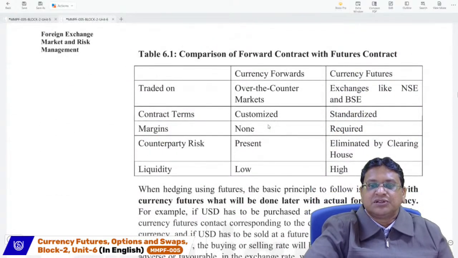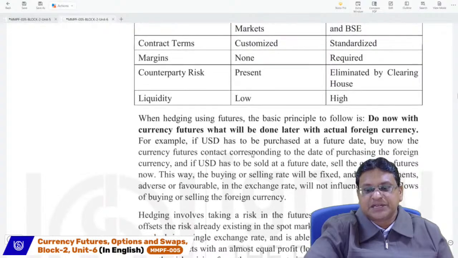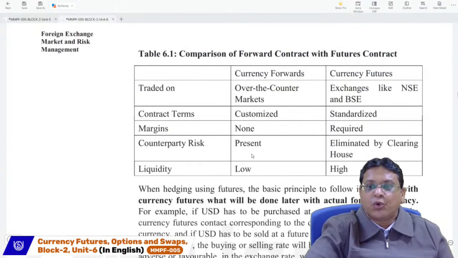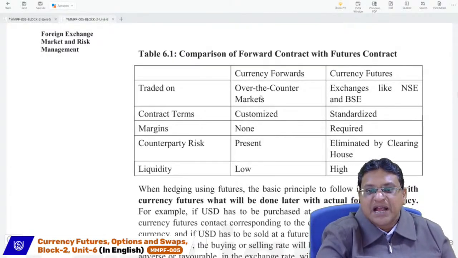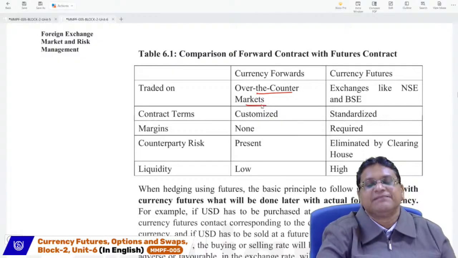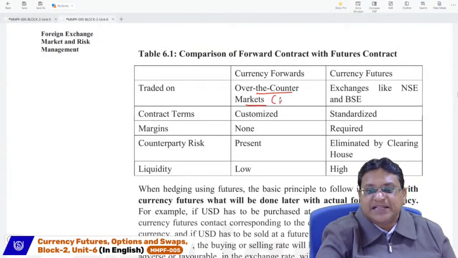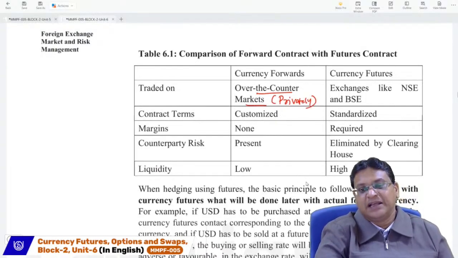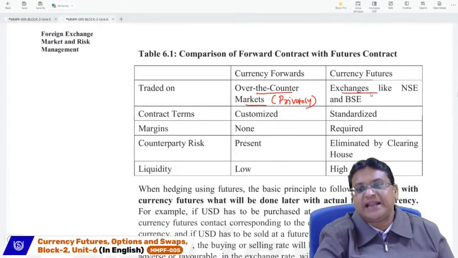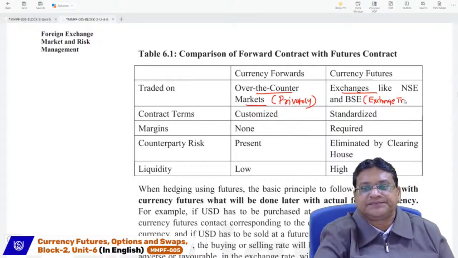Now we will discuss the main points of difference between currency forward and currency futures. We know that currency forwards are privately traded, OTC contracts, or over the counter contracts. Futures are purchased and sold in an exchange, so these are exchange traded contracts.